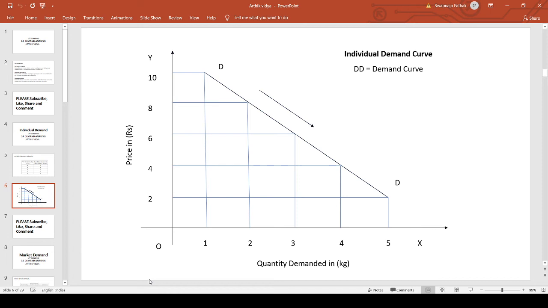The demand curve DD slopes downward from left to right, indicating an inverse relationship between price and quantity demanded. This is our individual demand.